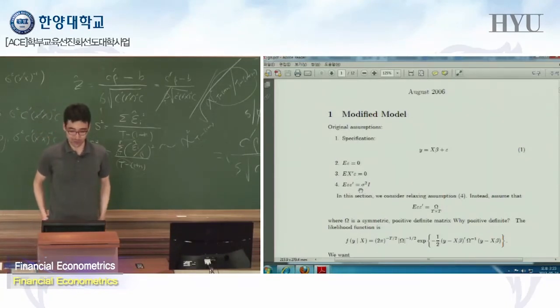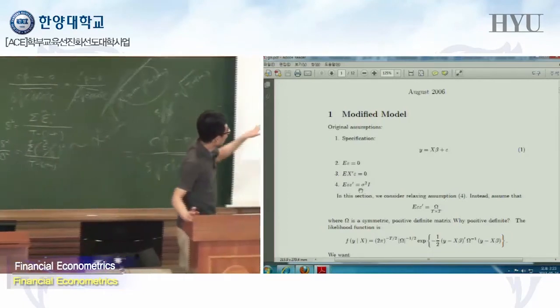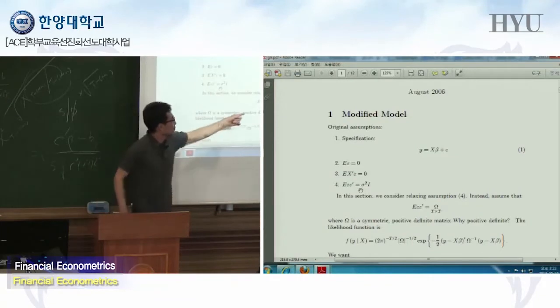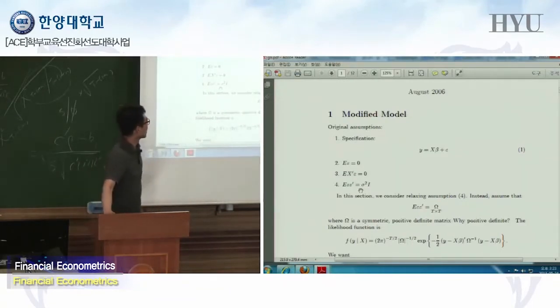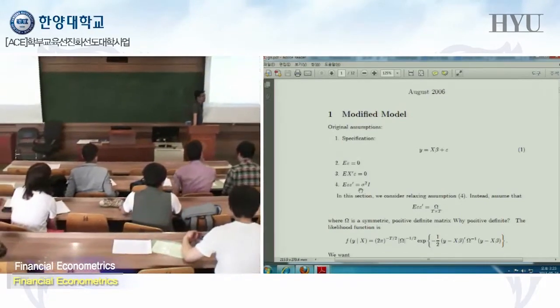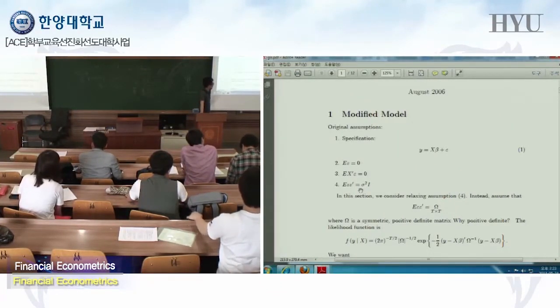Don't worry, it is not that difficult. In this section, we consider that. Of course, this omega matrix is a symmetric and positive definite matrix. It is symmetric because it is a variance covariance matrix, and it is positive semi-definite because it is a variance covariance matrix.